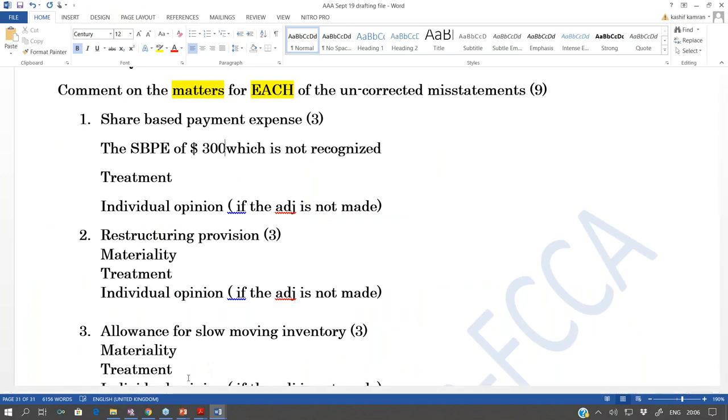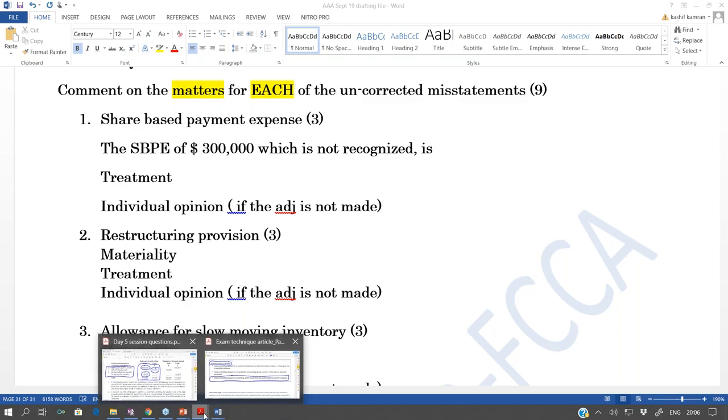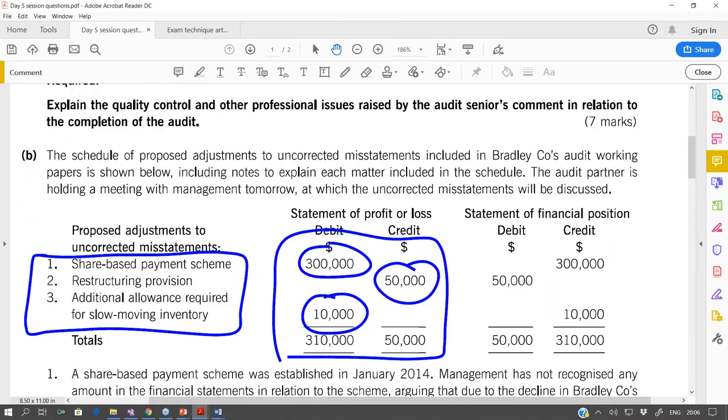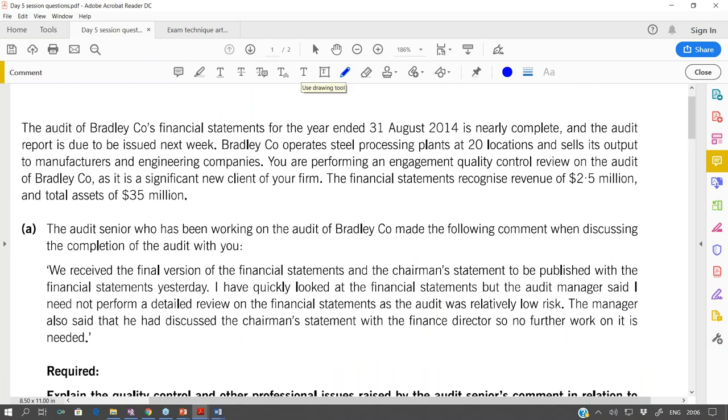How much percent is it of the base? Do we have all 3 things given in this question? Let's check that out. No, we have revenue of $2.5 million, and we have total assets of $35 million. So we have 2 things here, and we'll divide by both.